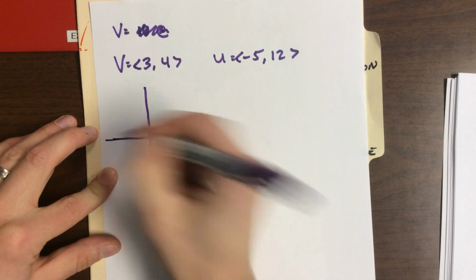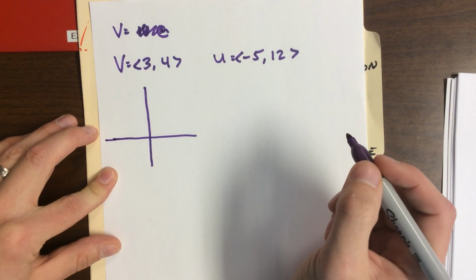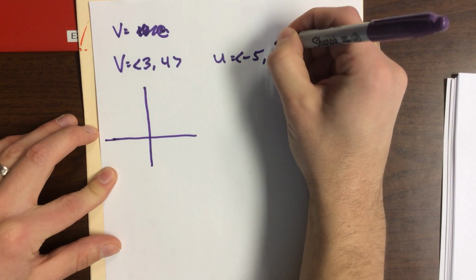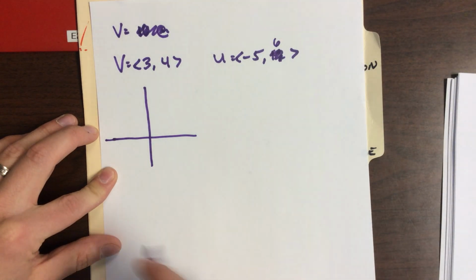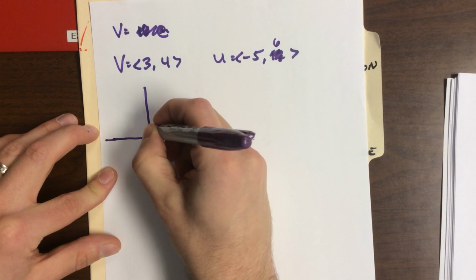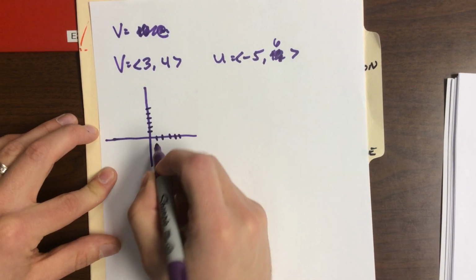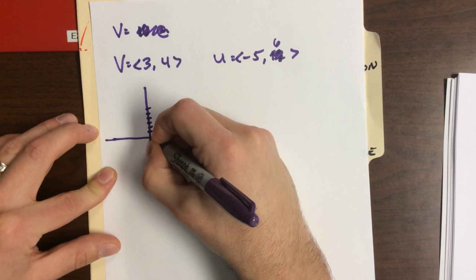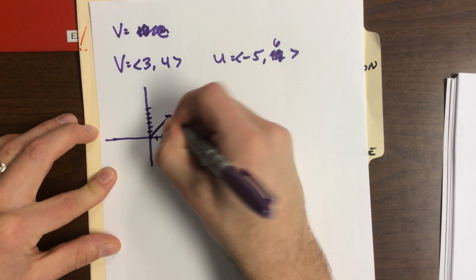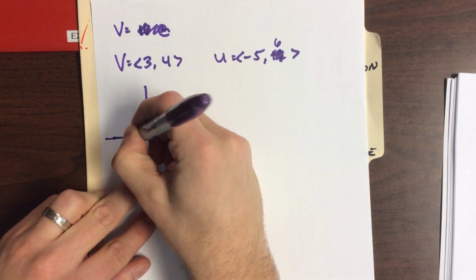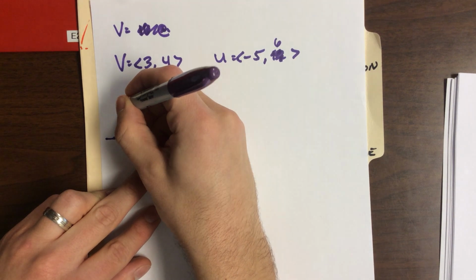I shouldn't have made it 12. Make it like 7. It's not too late. It's 6. 1, 2, 3, 4, 5, 6. So we have 1, 2, 3, 4, 5, 6.